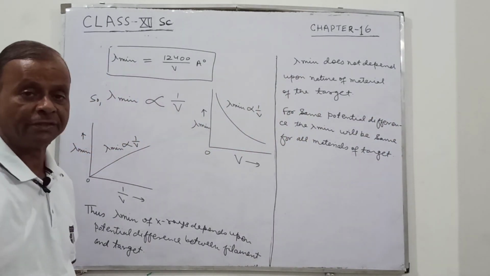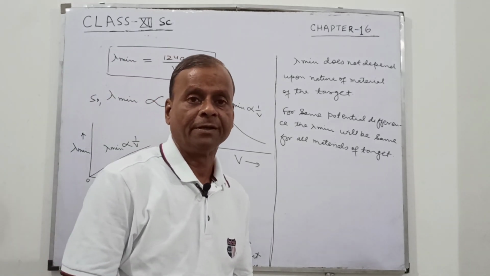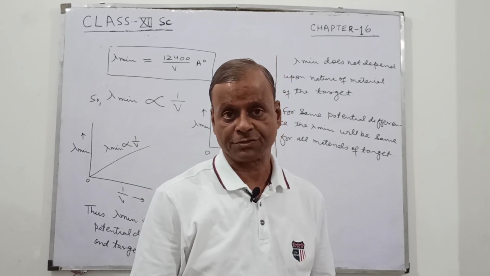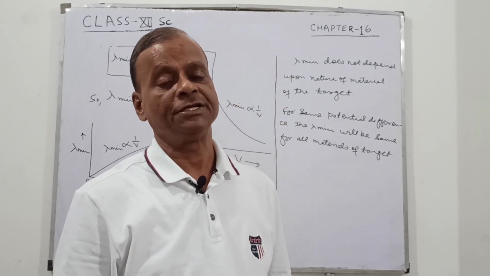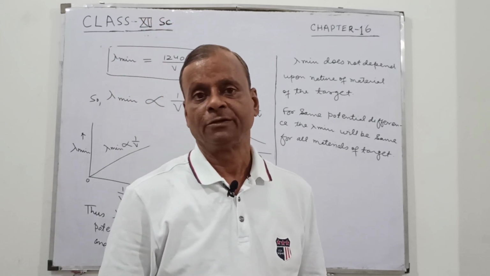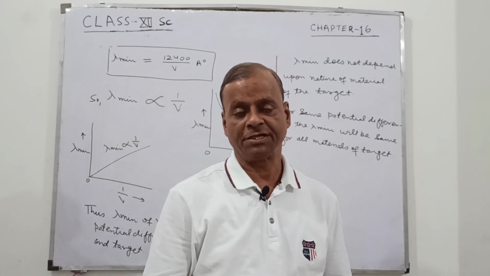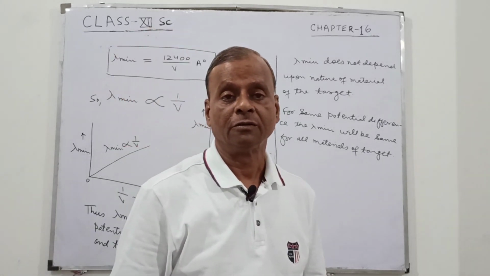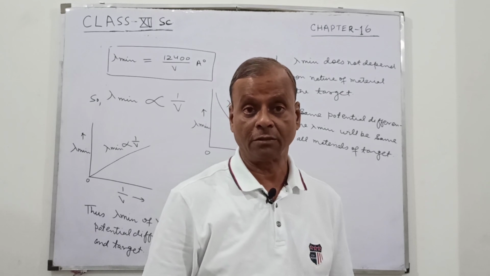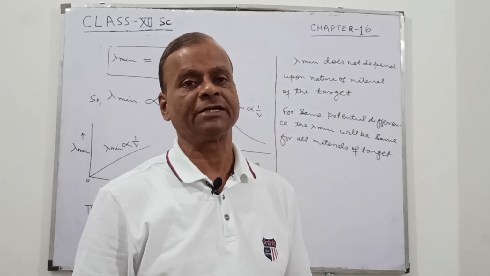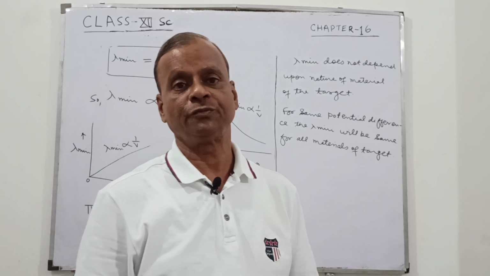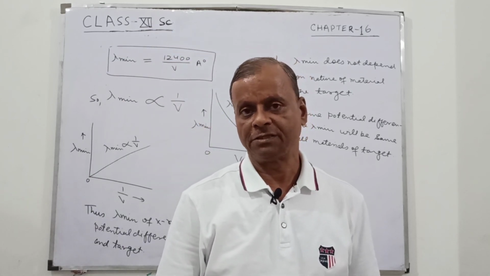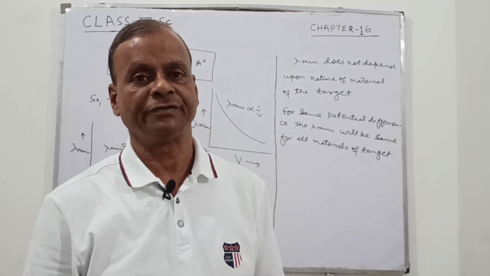So when the kinetic energy continuously decreases, there is a continuous increase of the energy of the X-ray photon. This continuous decrease of kinetic energy is called the phenomenon of Bremsstrahlung. So thus you see that due to the retardation of the fast moving electron while striking the target, there is the origin of the X-rays.